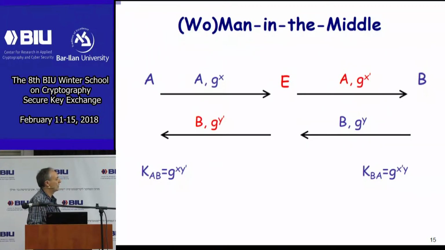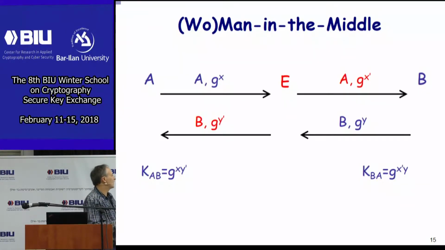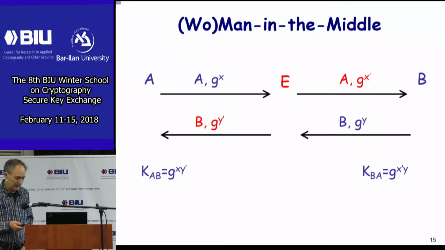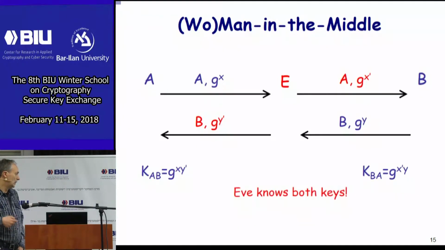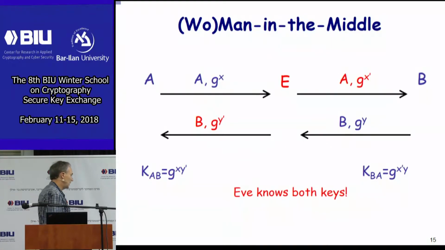So Bob computes G to the X prime Y. Alice computes G to the X Y prime. And each of them now is talking to Eve. Eve can decrypt everything here and everything here. So clearly this is a man in the middle, and it makes the protocol completely insecure if you don't have authentication.